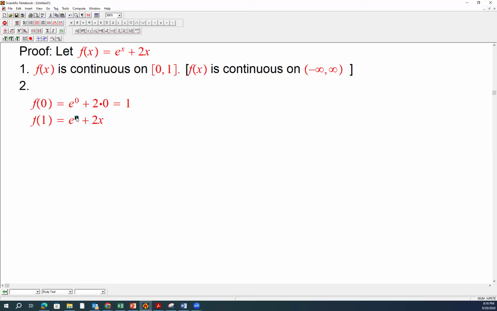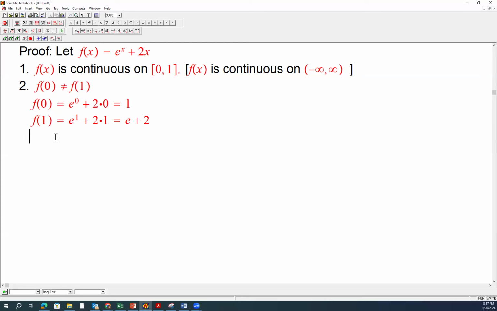That's e to the power 1 plus 2 times 1, and what do I get? I get e plus 2. E plus 2 is about 3, right? So now we have demonstrated f of 0 is not equal to f of 1.